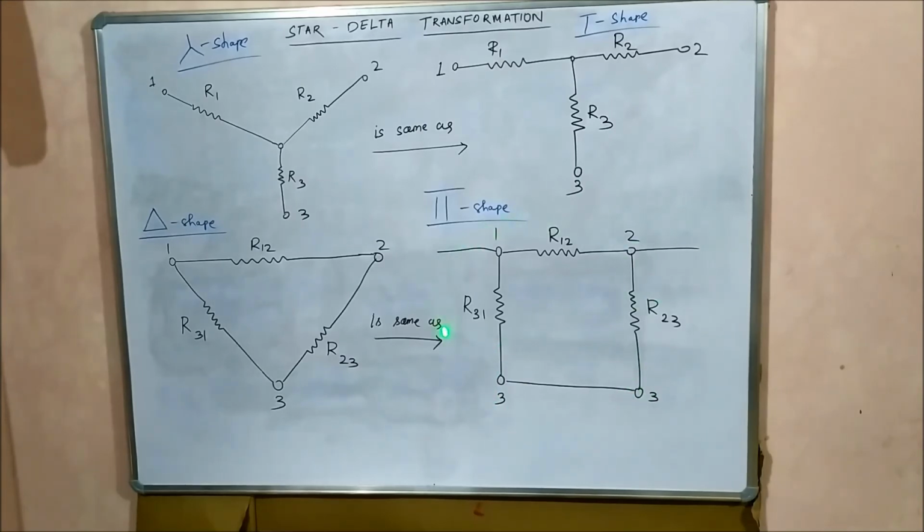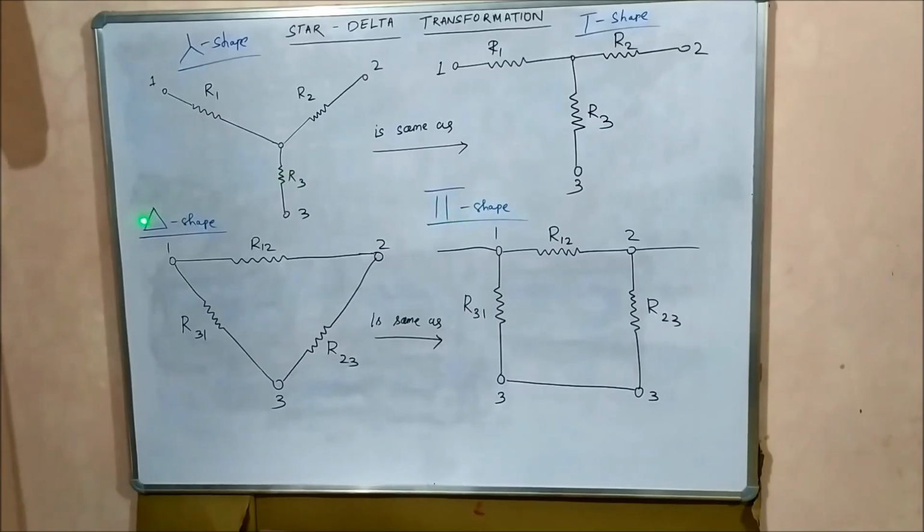Whenever you come across this shape, which is called the pi shape of a resistive connection, you can also apply the same delta to star conversion to get this structure. So this pi shape is the same as the delta shape. There is nothing to be confused about, they are both the same. The star shape is the same as the T shape, and the delta shape is the same as the pi shape.